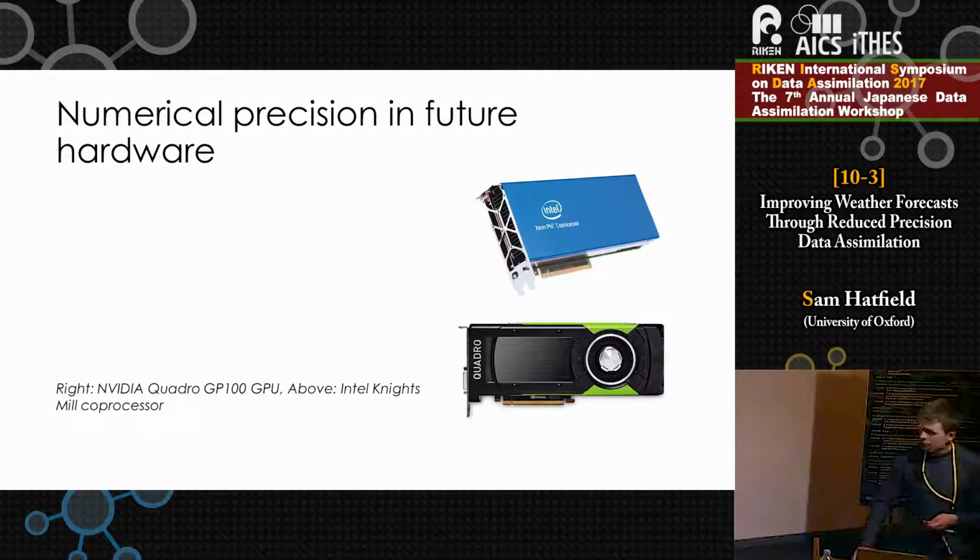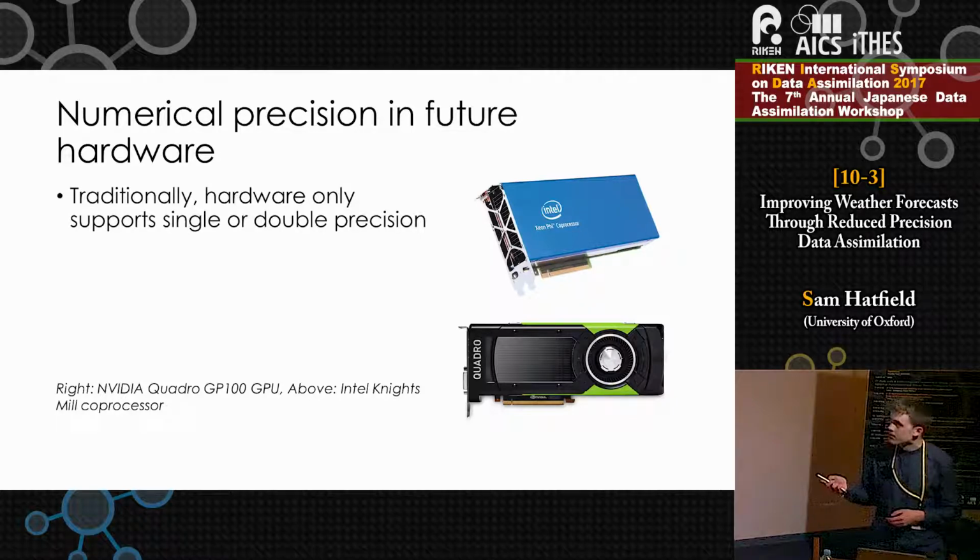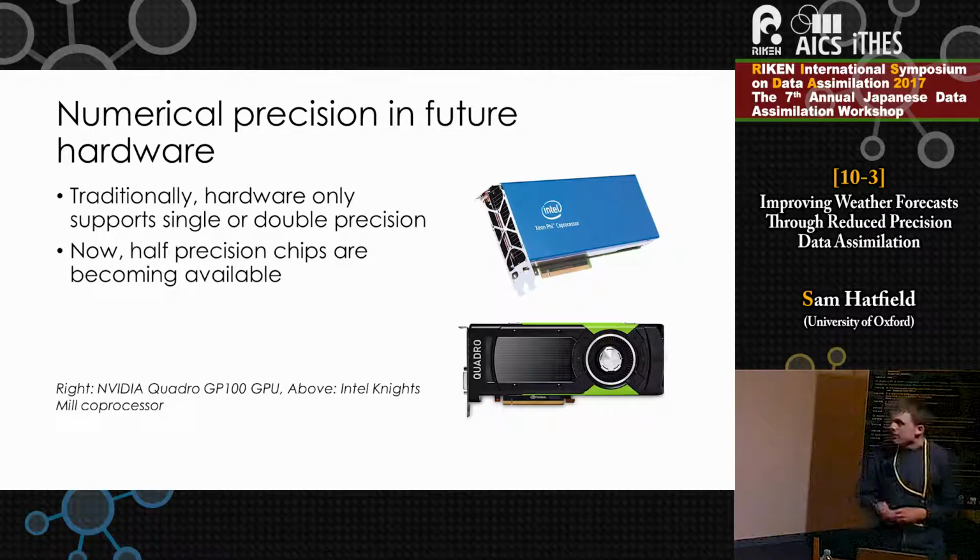Typically, hardware only supports single or double precision, but lately hardware vendors are beginning to offer half precision compatible chips as well. The demand for these chips comes mostly from the deep learning community. So when you're training a statistical model, often the quantity of data is more important than the quality.